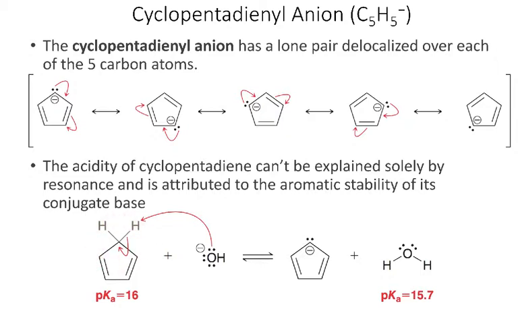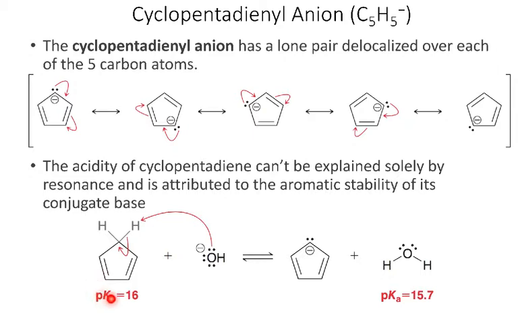As an example, when we thought about how strong an acid is, when we're doing this qualitatively, we often looked at the stability of the anion that was produced when it lost a hydrogen. And because of the extreme stability of this anion, not only due to resonance, but due to the aromaticity that we talked about on the last slide, this compound is an unusually strong acid.